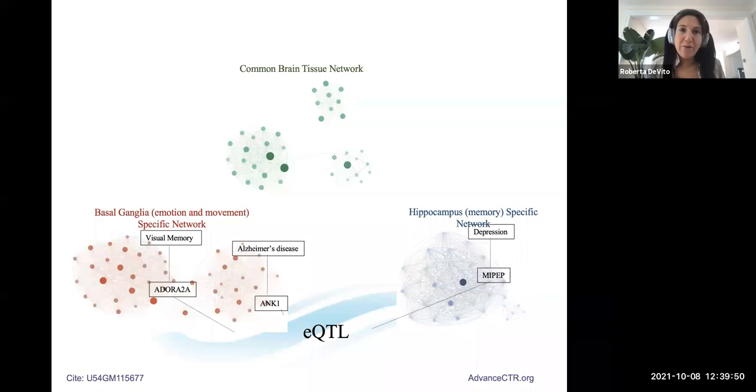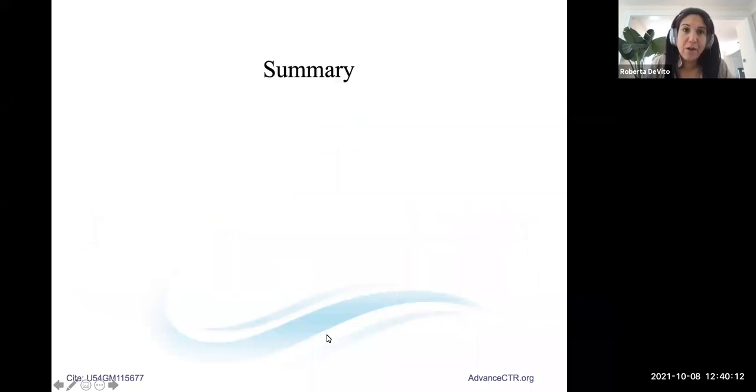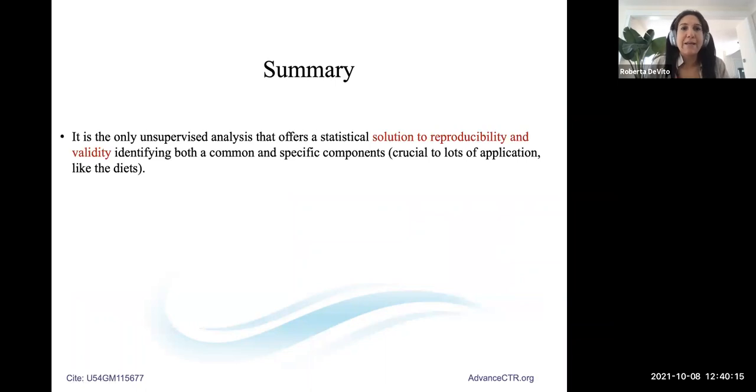And right now in this application, we are more interested in the study-specific component, and we want to remove this common signal that sometimes can obscure these tissue heterogeneity and tissue patterns that are really important and connected with this eQTL analysis. So in summary, these multi-study techniques provide the statistical solution to this issue of reproducibility.